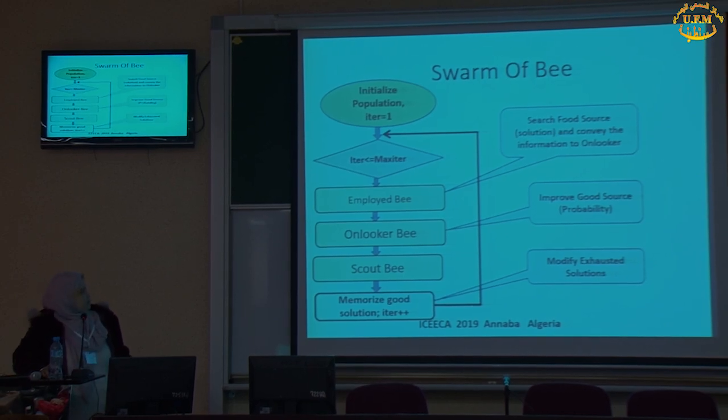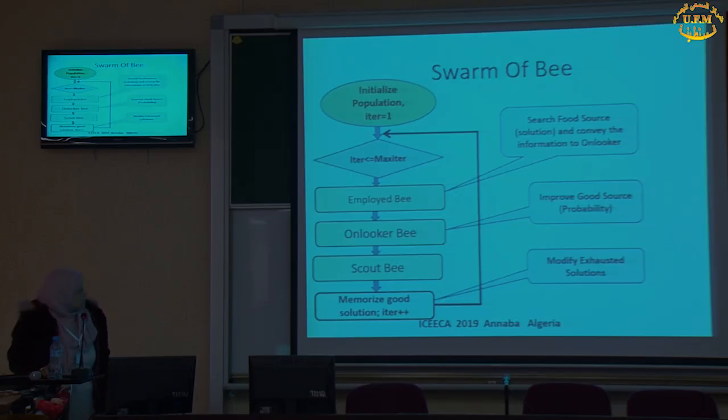Onlooker bees benefit from the information transferred by employed bees, optimize the actual good solution and modify it. The scout bee is specialized in searching for new solutions when the actual solutions are not good enough to get the global optimum.